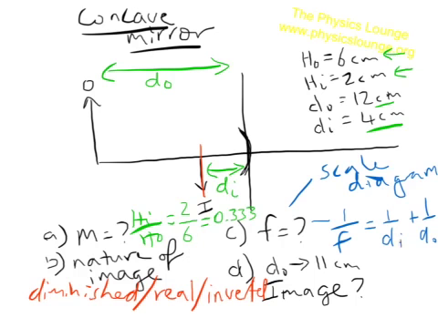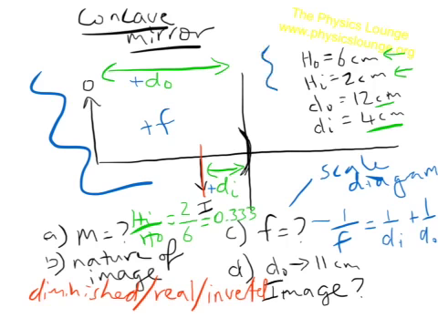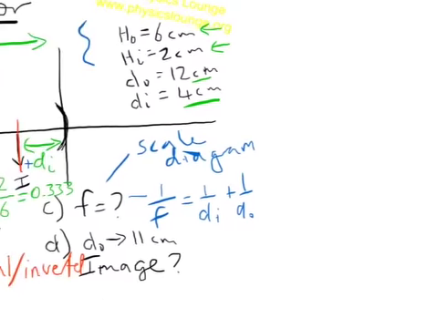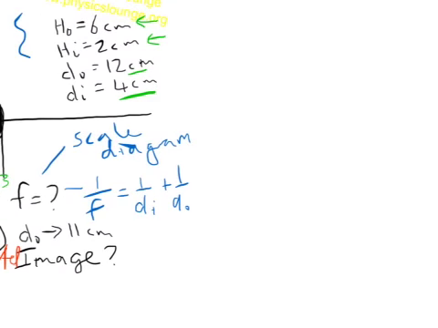Okay, I favour Descartes' formula, so we will do that. Everything's positive in this, which is nice. All the values, dO is positive, di is positive, and we know that the focal length will be positive as well, because it'll be on the positive side of the mirror over on this side and not this side. So let's just come across a little bit to do the calculations.